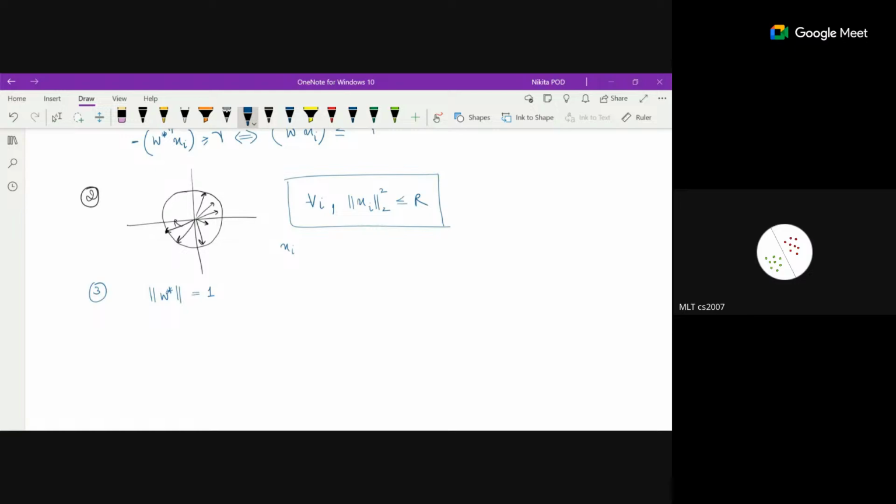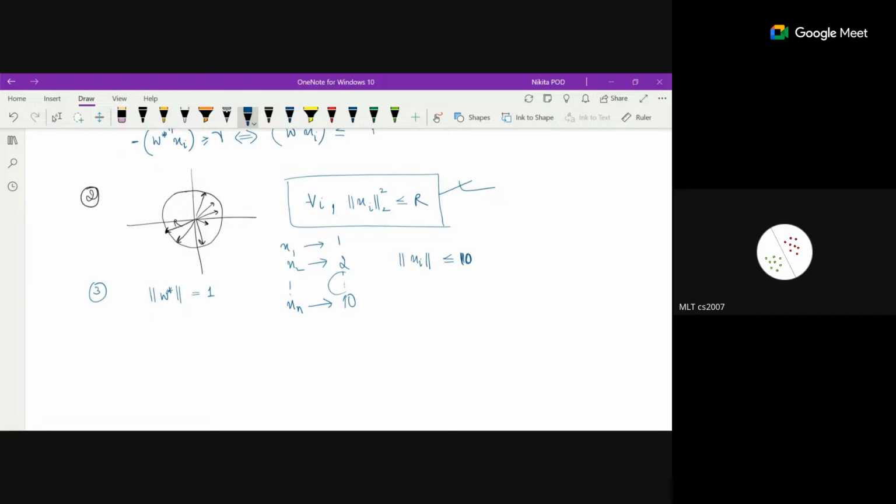If you take all these x1, x2, up to xn, and find the length of these vectors, you will have some upper bound. Maybe the largest length is 10, and everything else is less than 10. So all my x's are upper bounded by 10. This is exactly what it says.